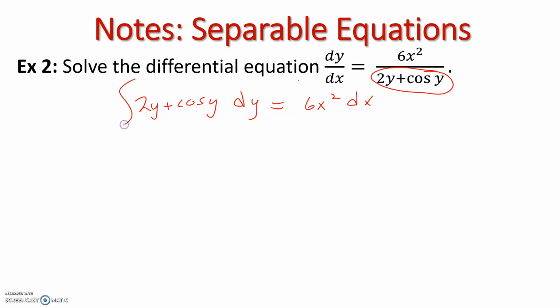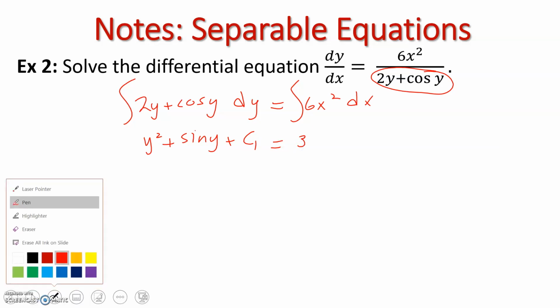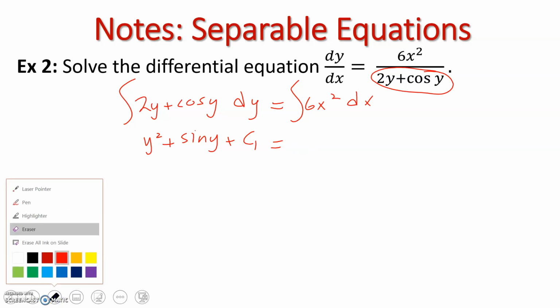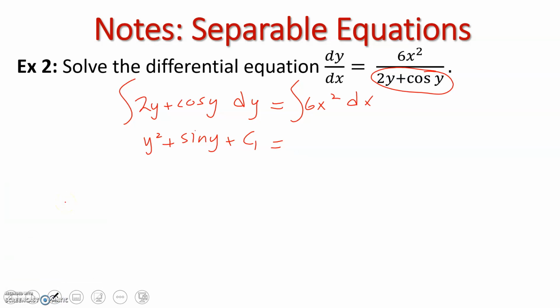Just like before, we will integrate both sides. The left-hand side becomes y squared plus sine of y plus our constant. The right-hand side becomes, we're going to divide by 3, so 2x cubed plus some constant.